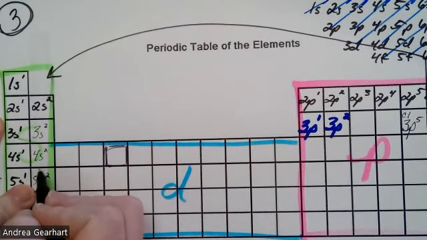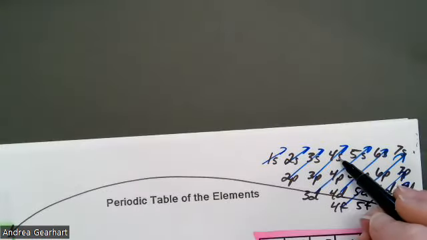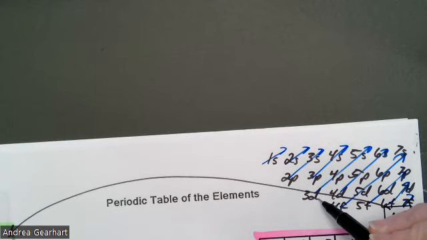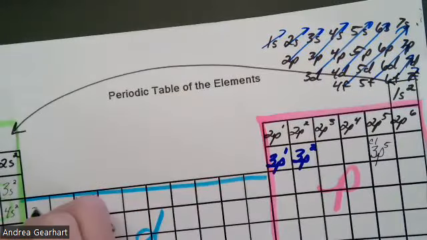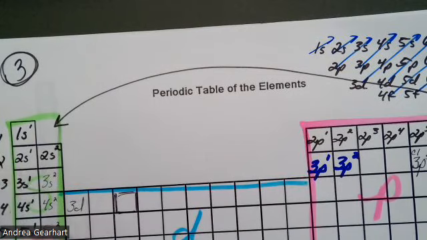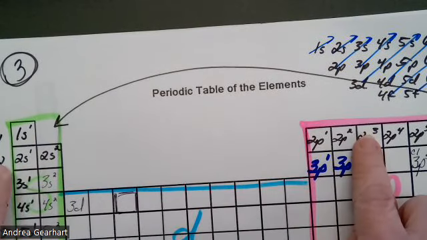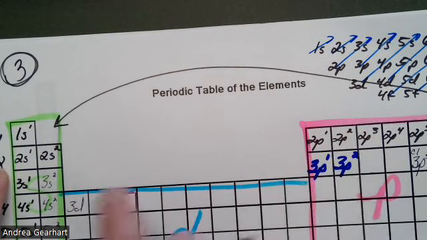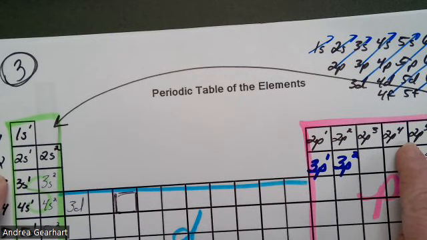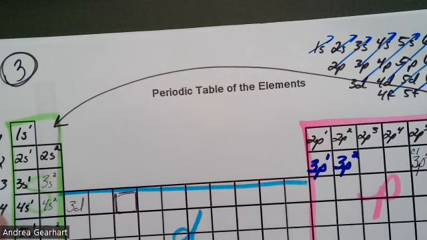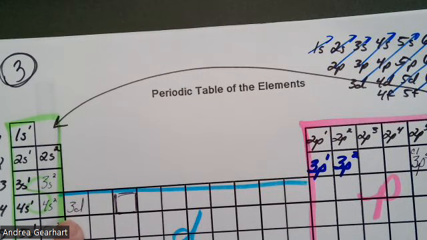After 4s, we go to 3d. So can we see the number that signifies the energy level for the S and the P sublevel is the same as the period number? The period number represents the energy level for the S and the P sublevel. But the D is 1 minus the period number.